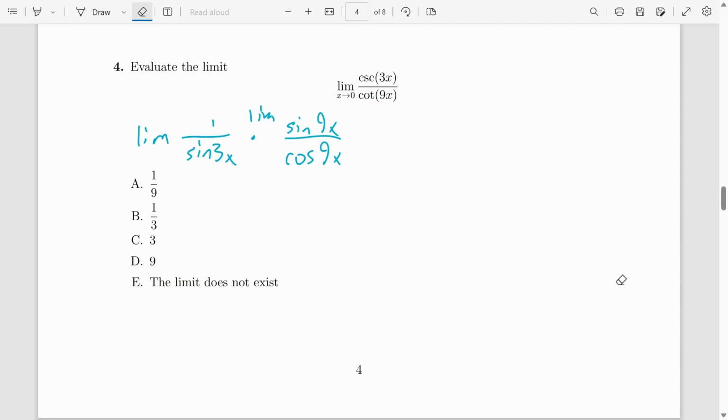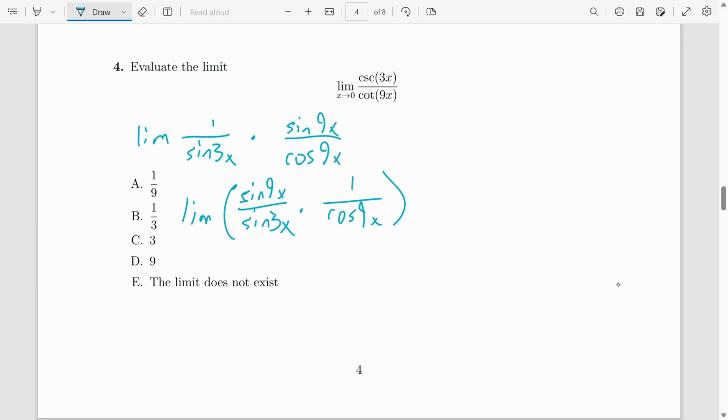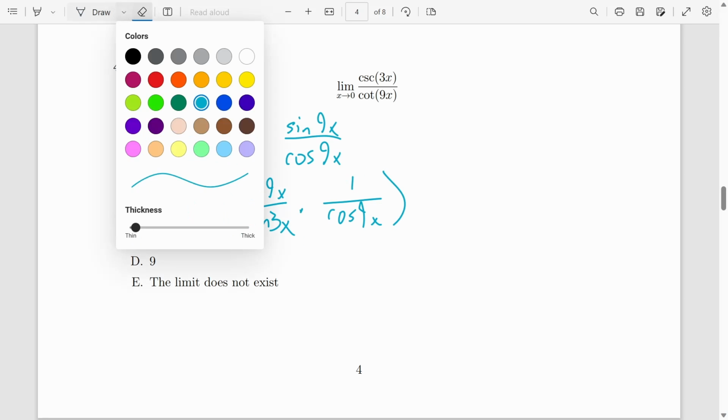So we can do that, but before we actually do that, I'm going to rewrite this as the limit of sine of 9x over the sine of 3x times 1 over the cosine of 9x. I'm going to write it like that so that when we do this limit trick, where it's the limit of one times the limit of the other, this is a lot easier to take the limit of, and so is this, compared to the original two terms that we had.